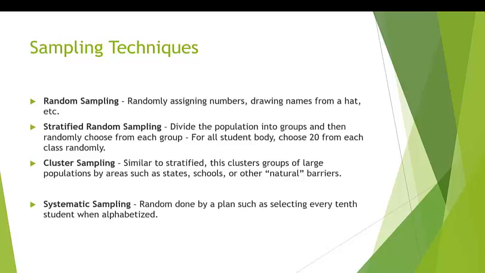One thing that's not on here that probably we see the most at the undergraduate level would be convenience sampling. We see this quite a bit at the graduate level for master's degrees. And convenience sampling is simply stating, I'm going to use the most convenient sample that I have.